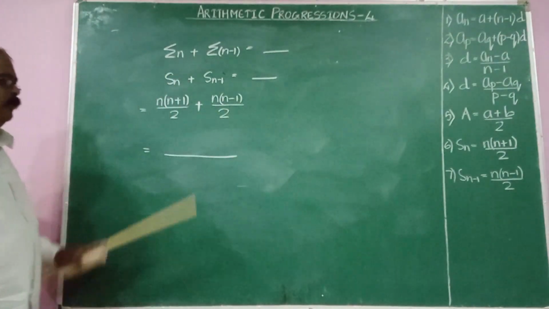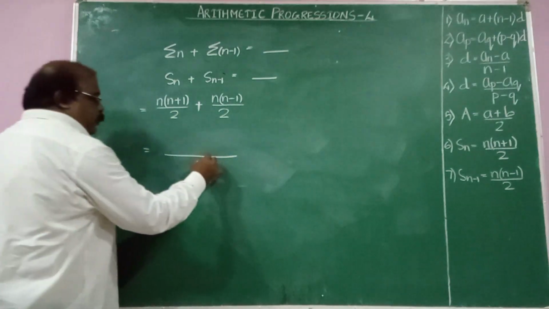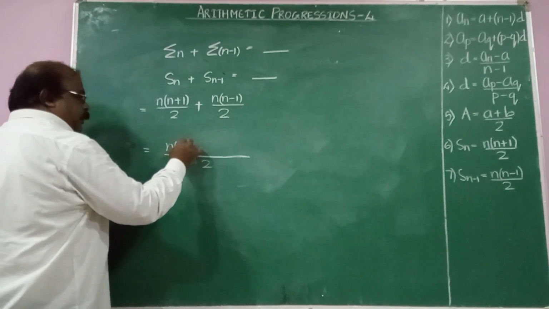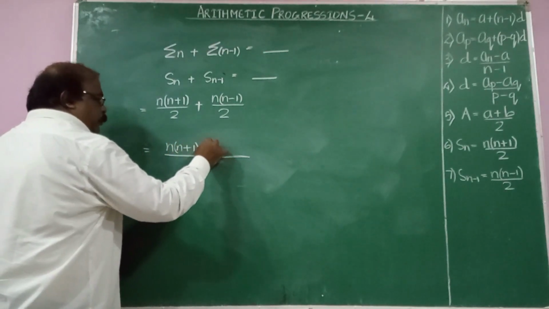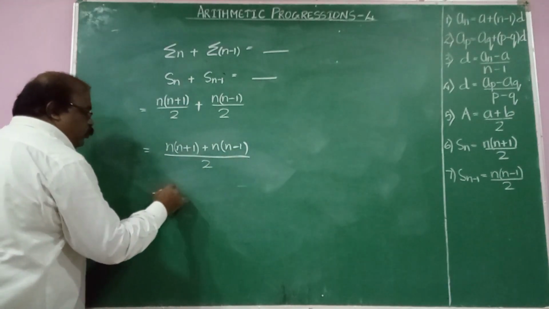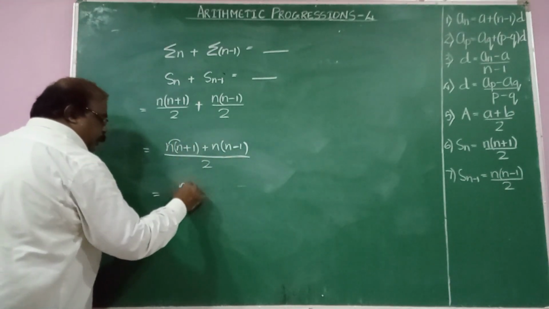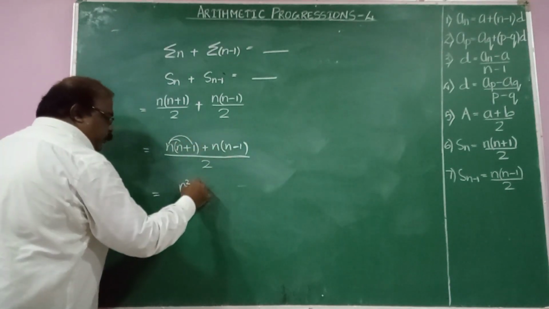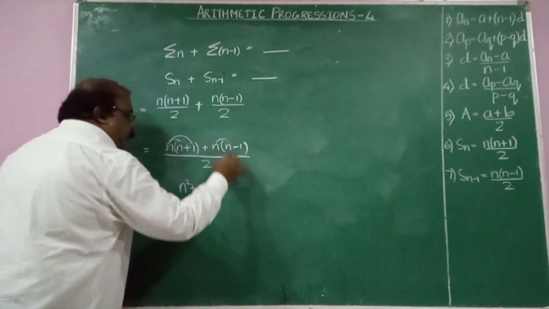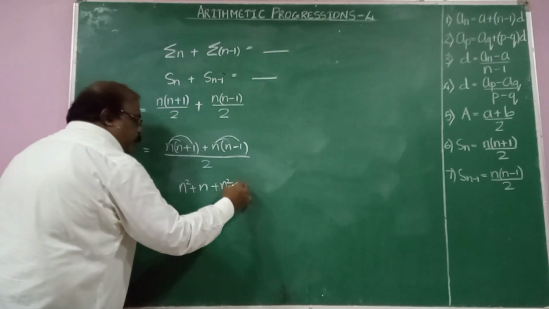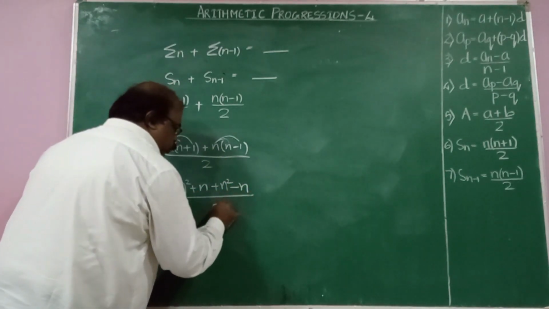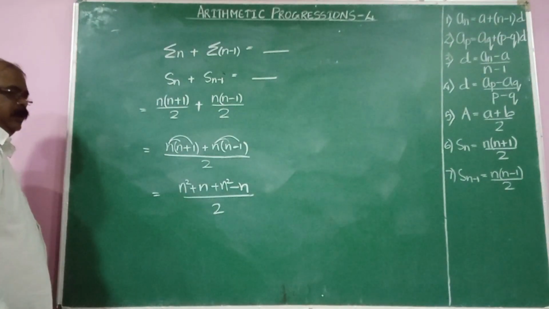LCM, you have a common denominator. When you have a common denominator, just add the numerators. So you get n into n plus 1 plus n into n minus 1. So you get n into n square, n into 1, n into n square, n into minus 1, minus n upon 2.